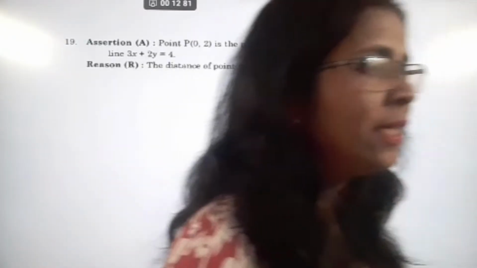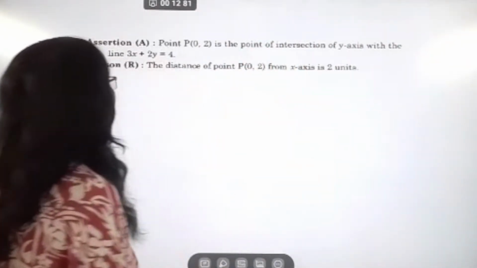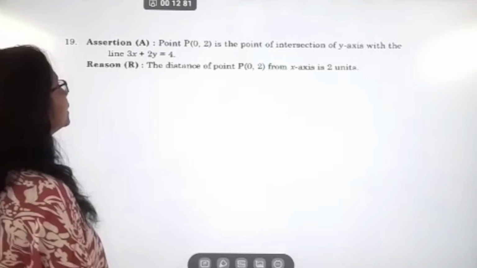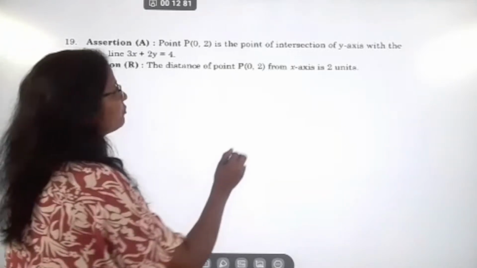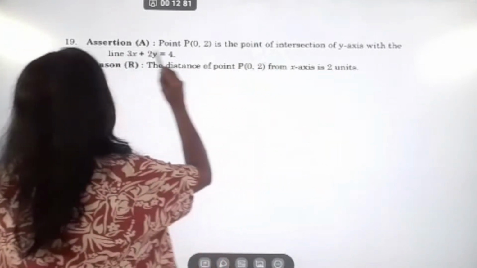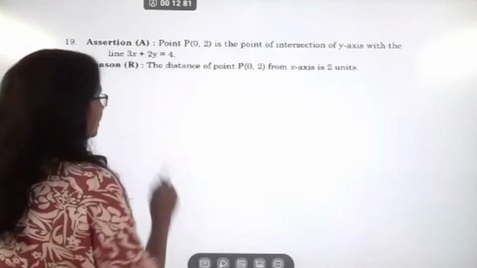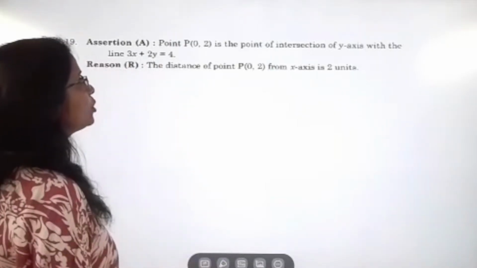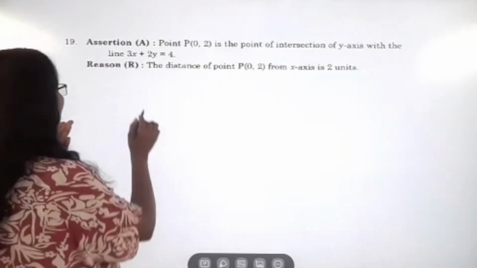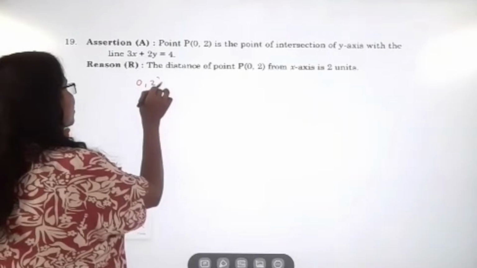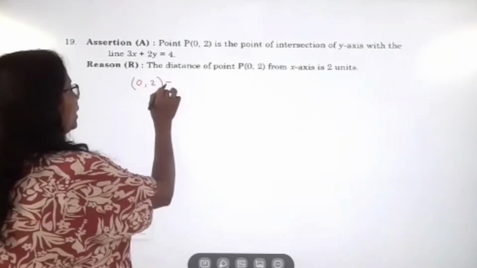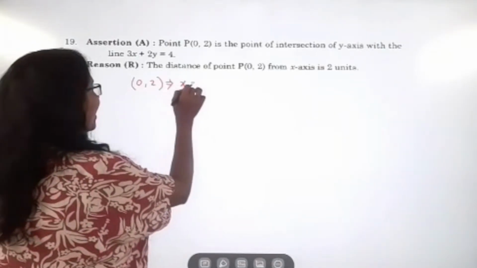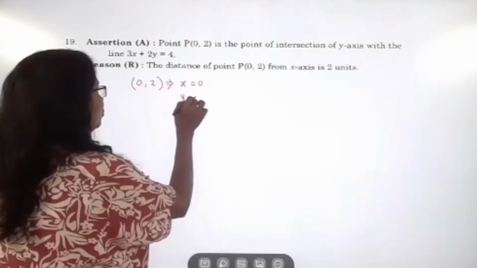The 19th example says that point P(0, 2) is the point of intersection of the y-axis with the line 3x plus 2y is equal to 4. The given point is (0, 2), so x is equal to 0 and y is equal to 2.